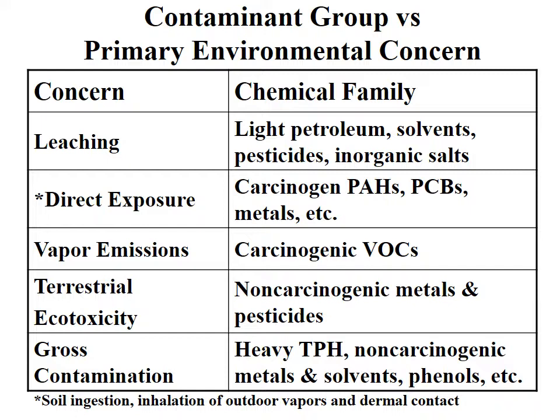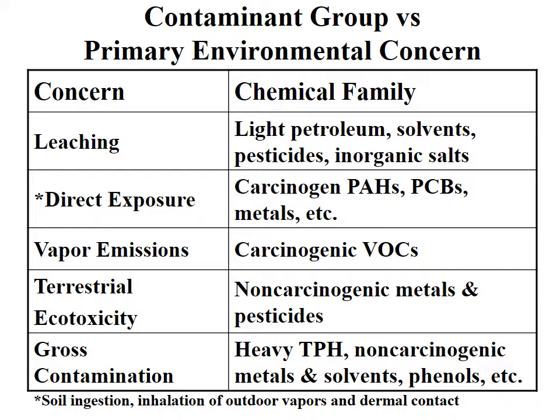Vapor emissions, outdoor air, indoor air, that's primarily driven by carcinogenic VOCs: benzene, chlorinated solvents, PCE and TCE and such. Terrestrial ecotoxicity, I know we don't have screening levels, but the non-carcinogenic metals like copper, nickel, these types of metals, not that toxic at all to humans, but they can be highly toxic to flora and fauna.